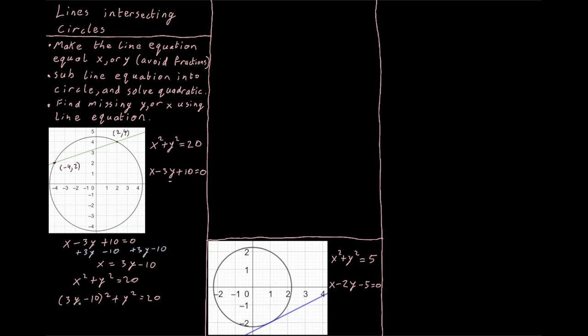Now I can see that I have something that looks like a quadratic that only has the letter y in it, so I'm going to tidy this up and see if I can solve that quadratic. So I multiply out my bracket. So this is 3y minus 10 times 3y minus 10 plus y squared is equal to 20. I multiply out my brackets.